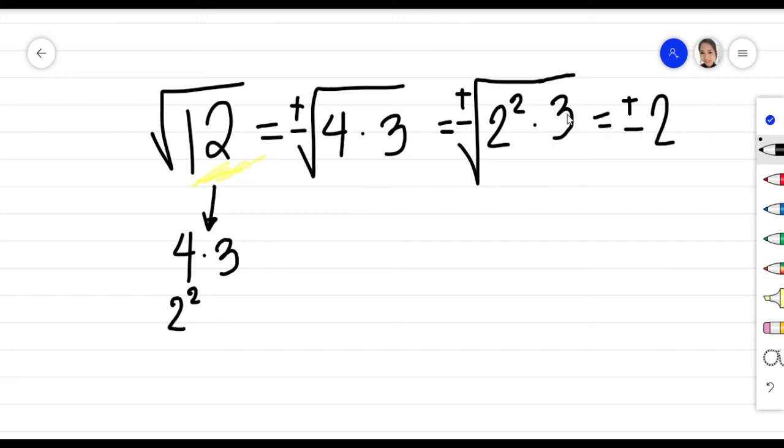Now we are left with 3 inside. So you have to copy the square root symbol and then write 3 inside. Therefore, the square root of 12 is equivalent to positive and negative 2 square root of 3.